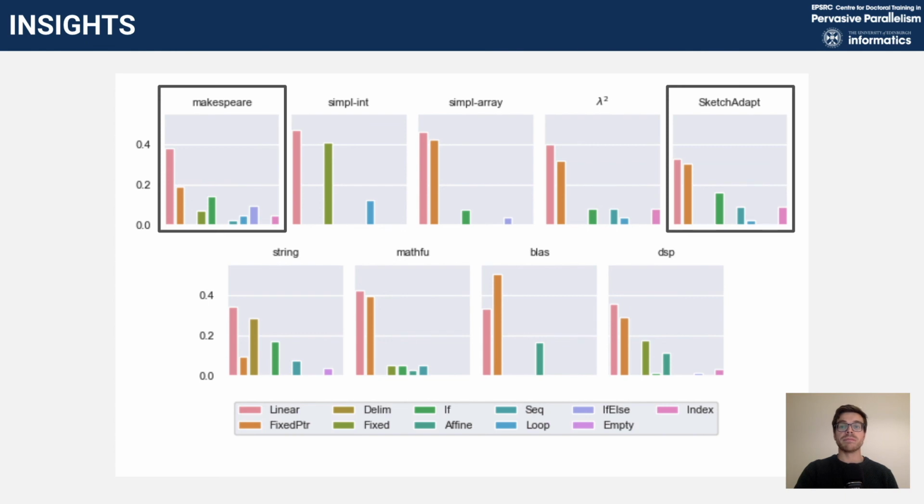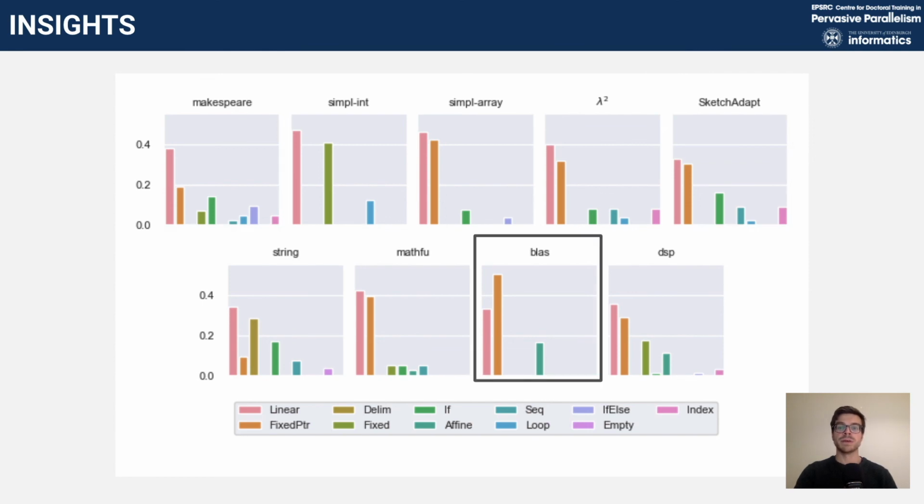We noted that Makespear and SketchAdapt, the 2 most difficult sets of benchmarks to synthesize across all implementations, exhibited the greatest variety of different fragment types. We found there was a good correlation between the variety of fragment types and the difficulty of synthesis. Additionally, some intuitive ideas about the structure of each library pop up in these results. The BLAS benchmark set's prevalence of looping fragments points to the high incidence of nested loops in the programs in that suite.